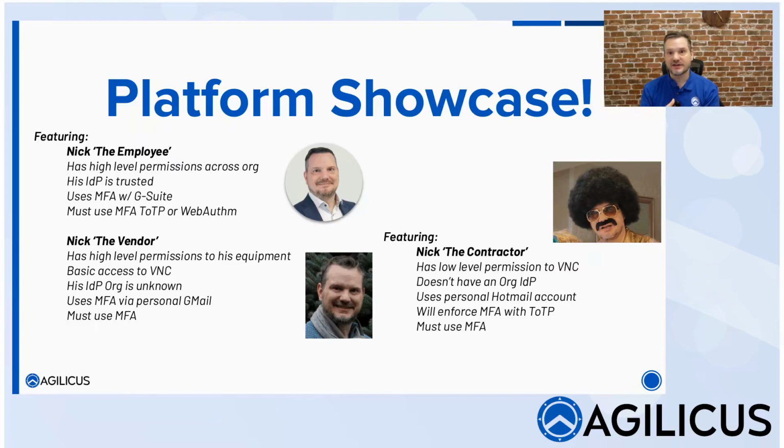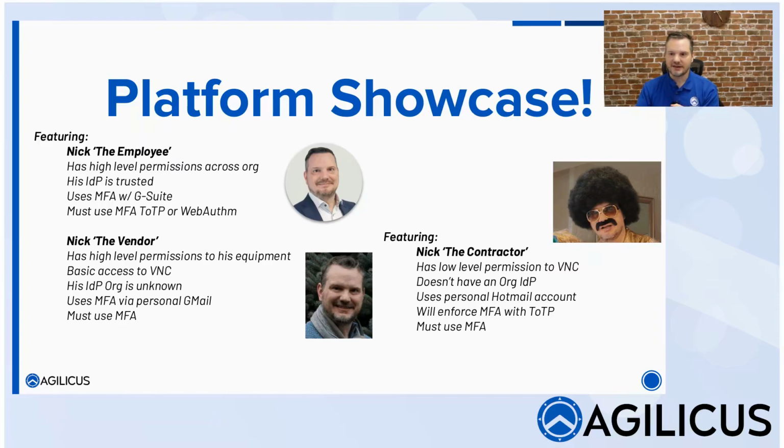We will enforce his MFA with a one-time password because we don't know what type of devices he has otherwise, for example, for his phone. So we'll use Google or Microsoft Authenticator. And we will enforce the fact that Nick needs to use multi-factor authentication whenever he accesses the resource, and we'll limit the amount of privileges that he can have on these resources.